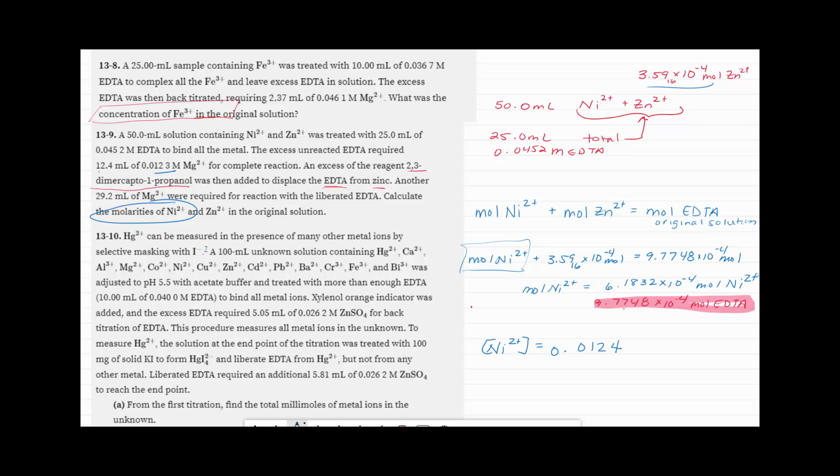We have 3 significant digits throughout, so I'm going to keep 3 significant digits, capital M molar. So for the zinc concentration, I take 3.5916 times 10 to the negative 4, divide that by my original sample volume, 0.05 in liters, and I get a zinc concentration of 0.00718 capital M molar.